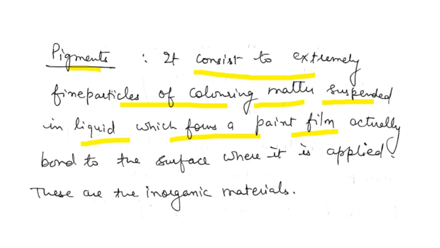Always in a paint the pigments are used, actually bound to the surface where it is applied, and these are inorganic materials. The pigments are generally inorganic materials which have extremely fine particles of coloring matter suspended in the liquid and form a film which actually bonds to the surface where we apply it. So the dyes are organic compounds and the pigments are inorganic materials.